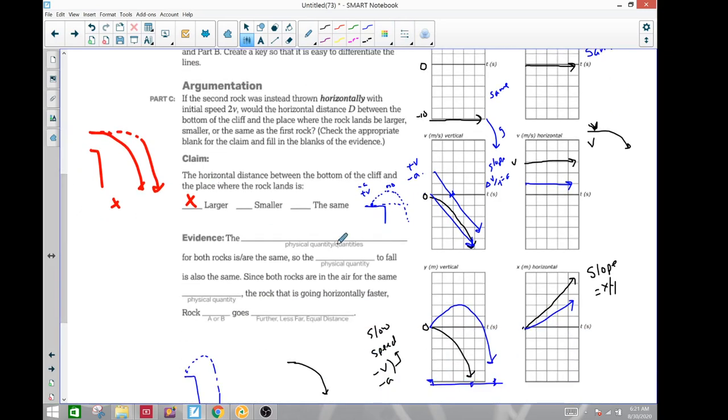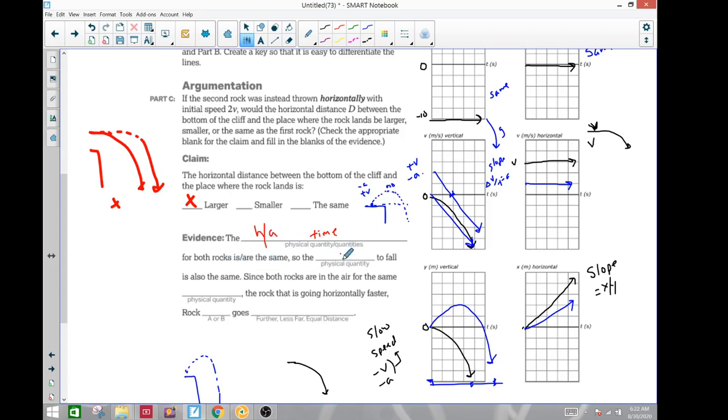Evidence. The blank physical quantities for both rocks are the same. The time is the same. So what's the same? The height is the same. The acceleration is the same for both rocks.